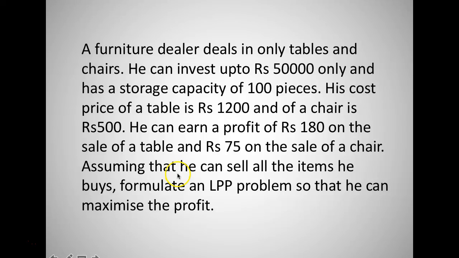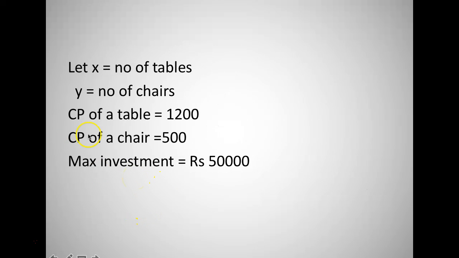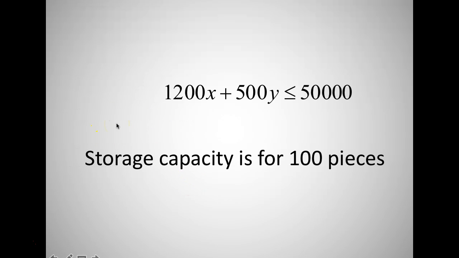Assuming that he can sell all the items he buys, formulate an LPP problem so that he can maximize the profit. So we start with: let x be the number of tables, y be the number of chairs. Cost price of a table is 1,200, cost price of a chair is 500, maximum investment is 50,000. So this is the data given to us.